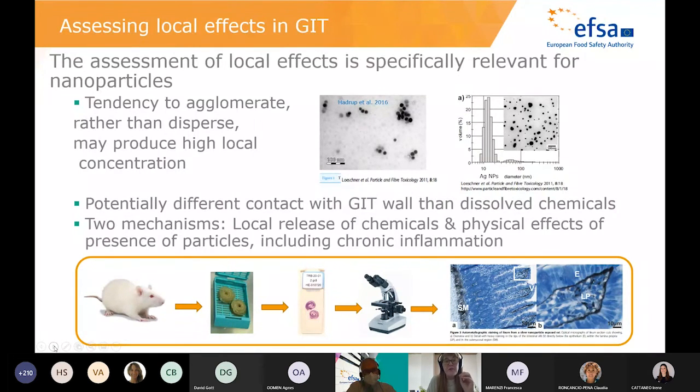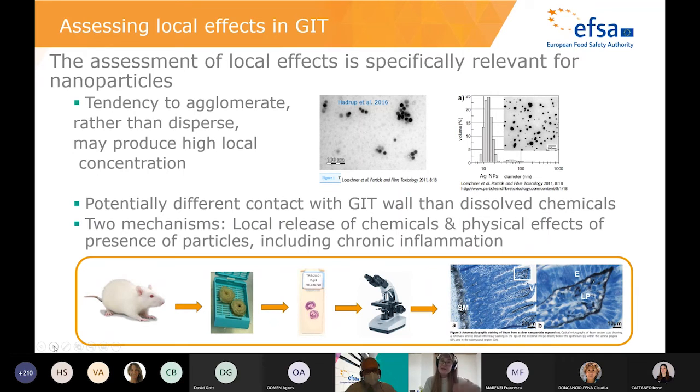And there can be another mechanism. This is the presence of particles which are touching the wall of the gastrointestinal tract and can cause some mechanical damage.